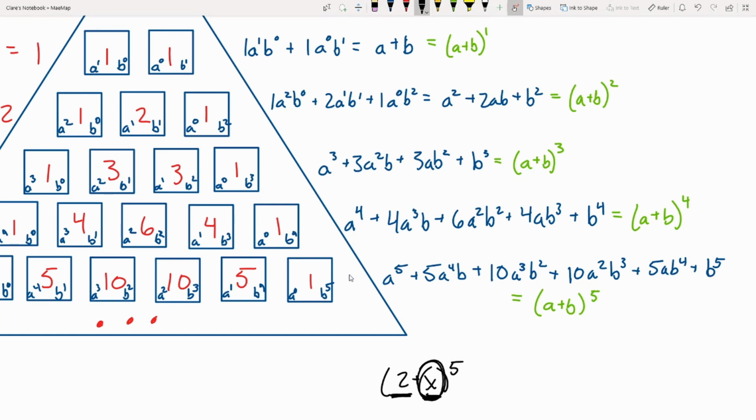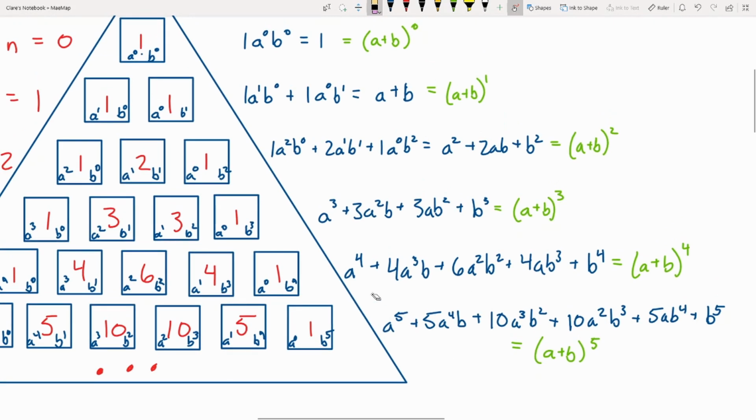So this is our polynomial to a degree of 5, going to where b squared is, which is this number here. 10 was what we got for that combination, that n choose k. So that's 10 times a, which is 2 cubed, times x squared. There we go, 80x squared. So see, even though it was a little more work to set up this triangle, it's going to be a lot quicker when doing these problems.